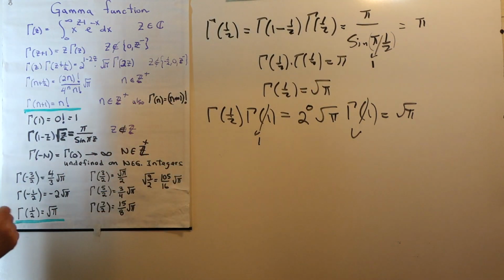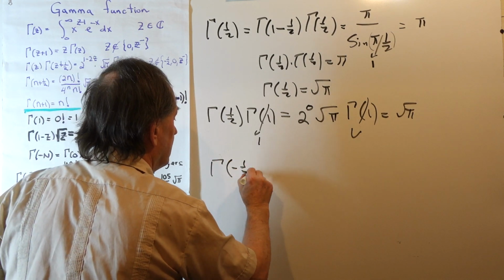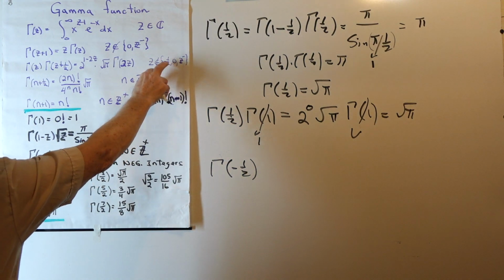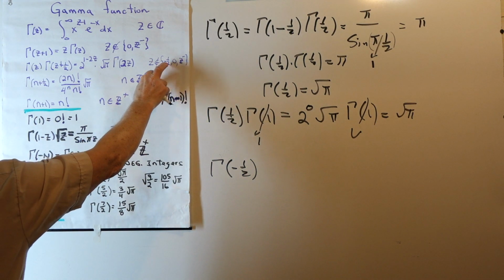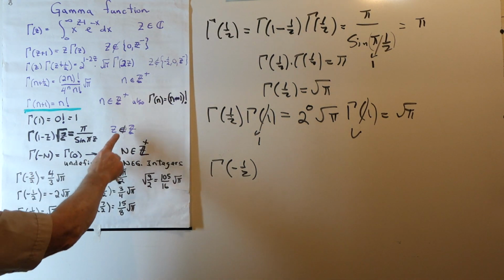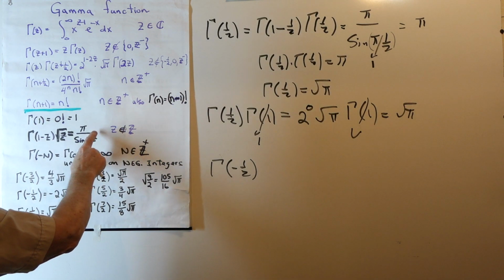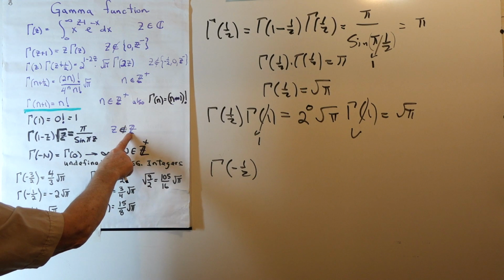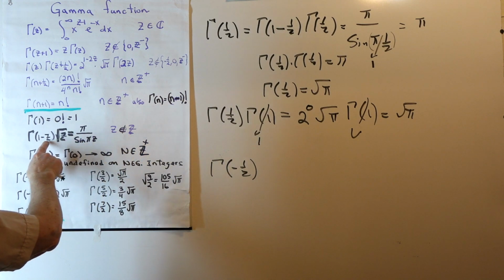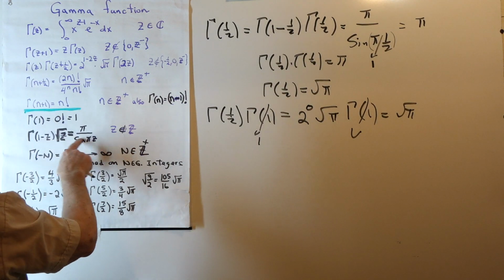It agrees with that. How about gamma of minus 1/2? What's that value? Well, z is minus 1/2. We can't use this because that's restricted. We're forbidden to use it in that relationship, but we are not forbidden here. This relationship only tells us that we're restricted on the integers. Minus 1/2 isn't an integer, so we can put that in here. So I'm using this particular relationship.